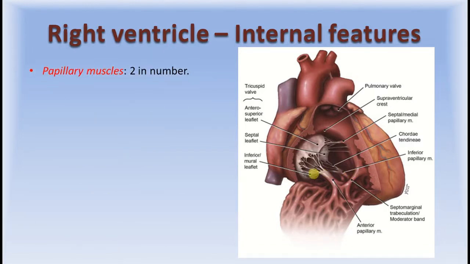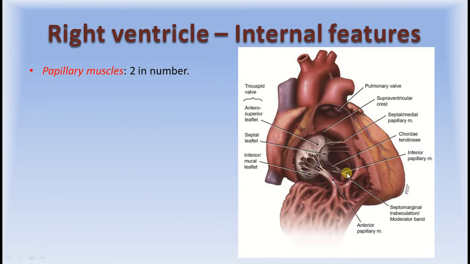Next, you see the papillary muscles. So anterior papillary muscle, and then you have the posterior papillary muscle. The anterior papillary muscle, from the sternocostal surface, connects via its chordae tendineae to the anterior and posterior leaflets.